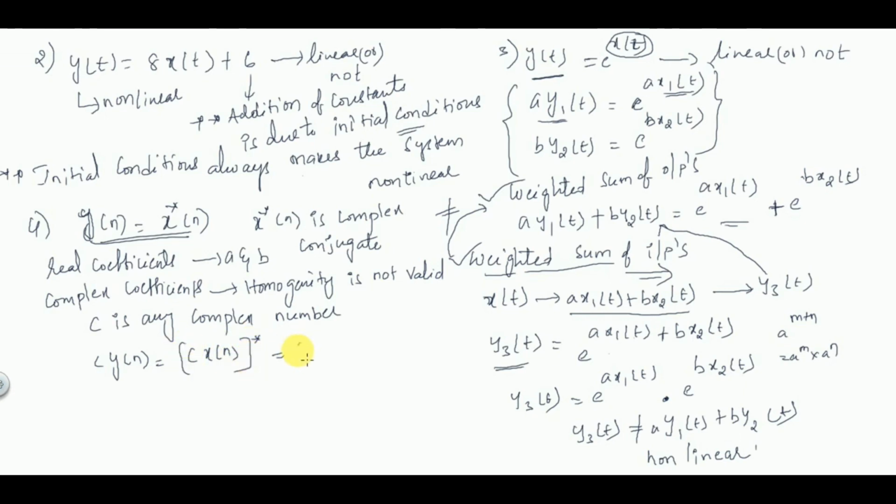So this becomes C star into x star of n. Multiplication here is with respect to C, but multiplication here is with respect to C star, which is the complex conjugate of C. If C is any complex number, then C star is its complex conjugate. Therefore, the homogeneity principle is not valid in this case. Therefore, it is a non-linear system.